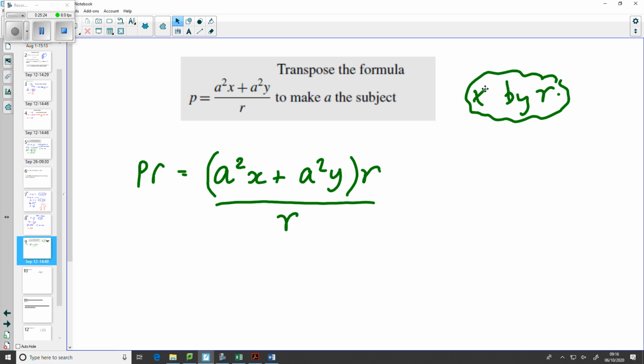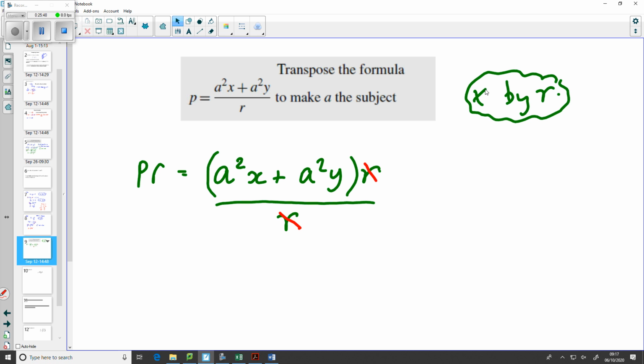And that's important, that you're multiplying the whole thing by r. Yeah? Because that way, cancel that, cancel that. Yeah? But we've still got these a squared in here twice.